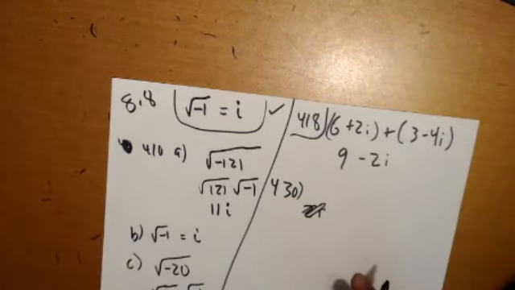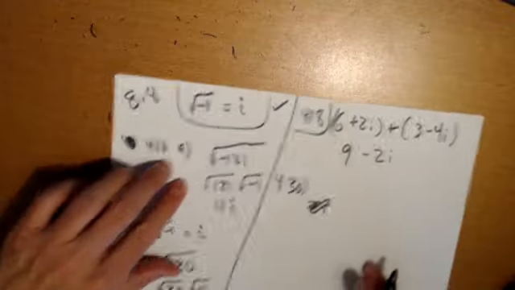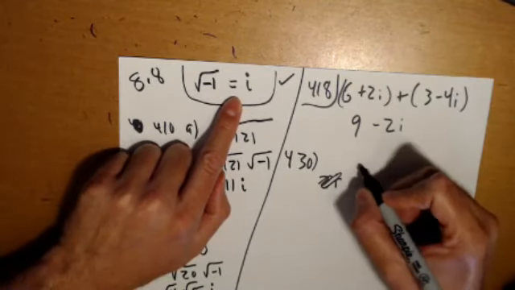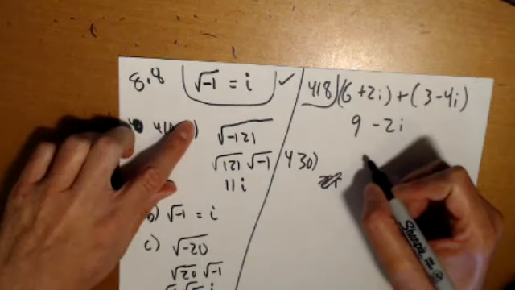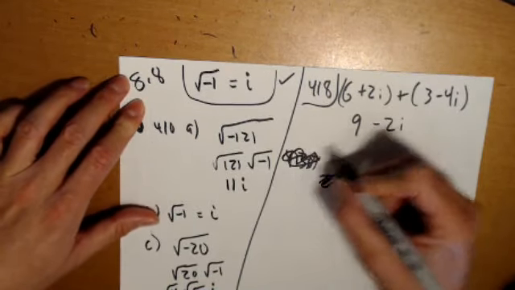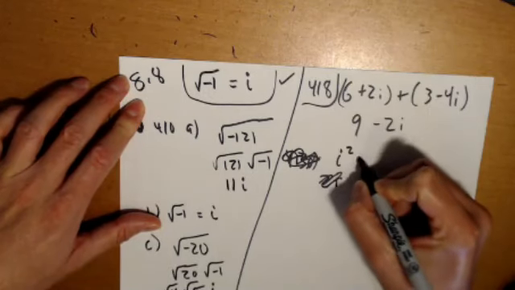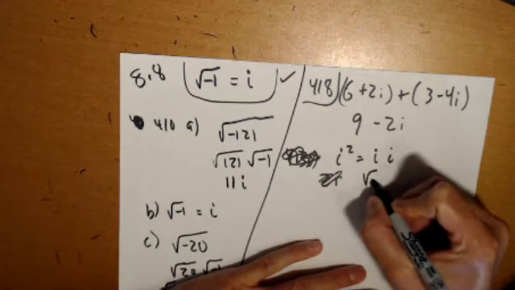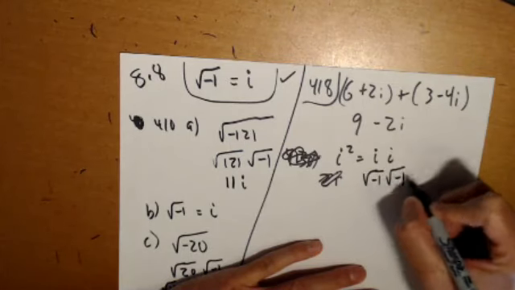We said that we're just going to let the square root of -1 be i, right? Square root of -1 is i. So if someone ever brought up the idea of i squared, that's just i times i, which is the square root of -1 times the square root of -1.